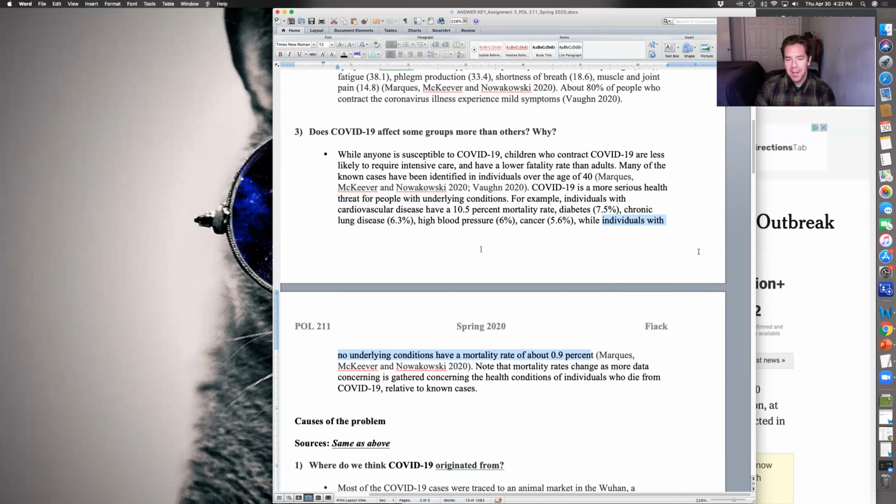And again, this could be practical information. This is a part of problem analysis, understanding what the issue is, what the symptoms of the problem are, and who is primarily affected, who might be affected more than others, right? This is all important information to know from a policy perspective. And for you all, it might be practical information to know in terms of your personal health conditions, but also family and friends, right?